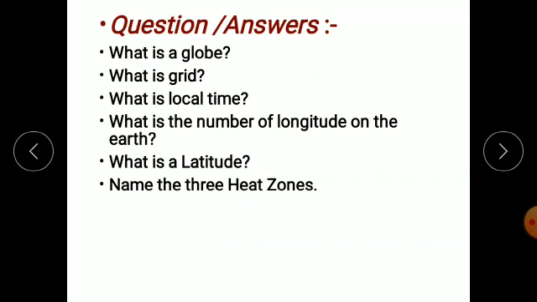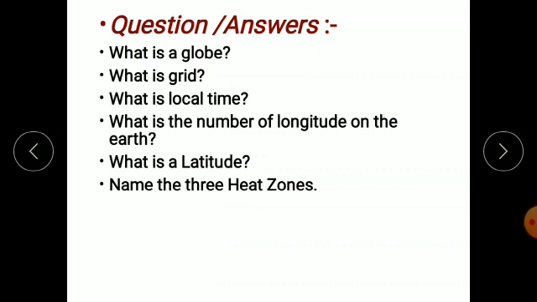Next question is, what is local time? I have already told you, the local time of a place is that time when the sun shines directly overhead on that line of longitude. Next question is, what is the number of longitudes on the earth?